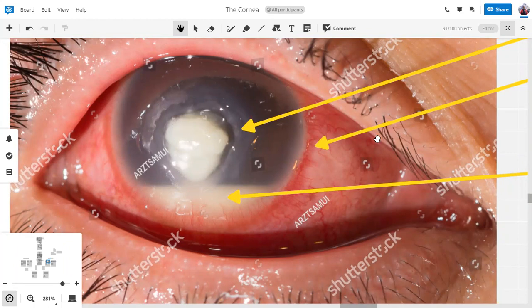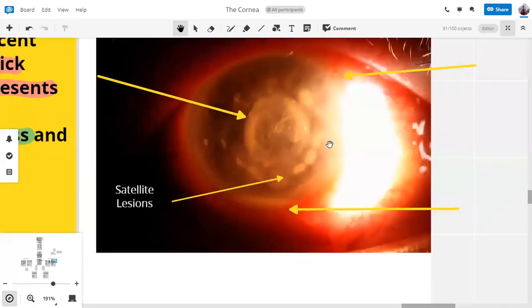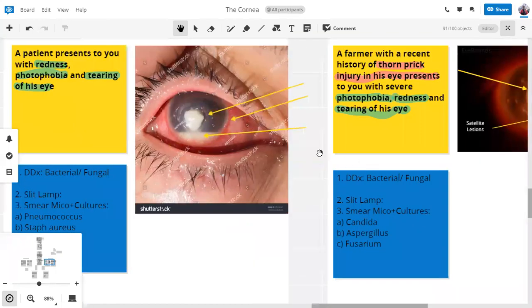It's shiny basically what I'm saying. And when we look at this opacity, there's a bright beam of light over here, but it's lusterless. Secondly, there's a central corneal opacity with satellite lesions. So these are the characteristic findings in our cases.